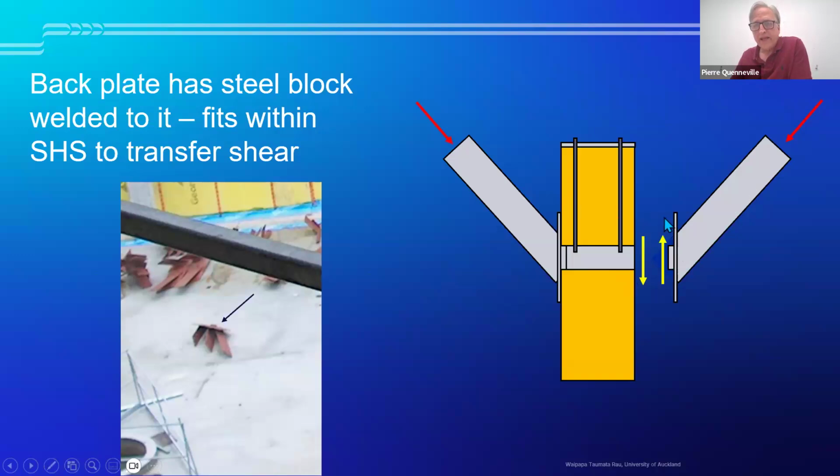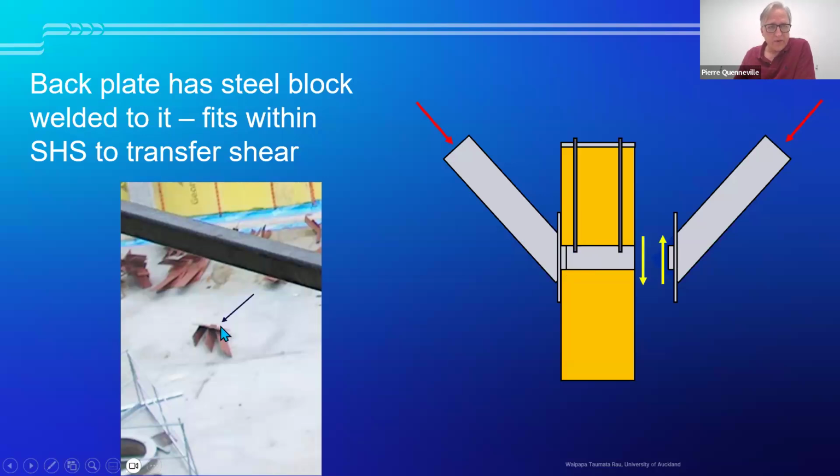The back plate is vertical, and in the back plate there is a bearing block that will provide the reaction to the vertical component of the branches. And then on the left side of the cross section, we see the back plate inserted into the SHS.